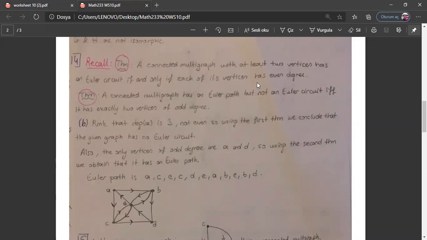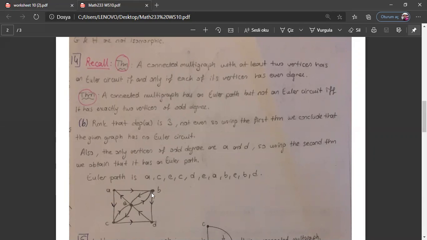Because each vertex should have even degree. But we found one vertex which has odd degree. So there is no Euler circuit, so there is nothing to find, I mean, for an Euler circuit.